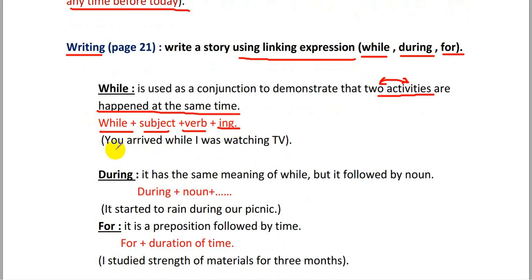For example, you arrived while I was watching TV. So for this sentence, two activities happened at the same time. حادثتين حصلوا: وصول الشخص ومشاهدة التلفزيون.